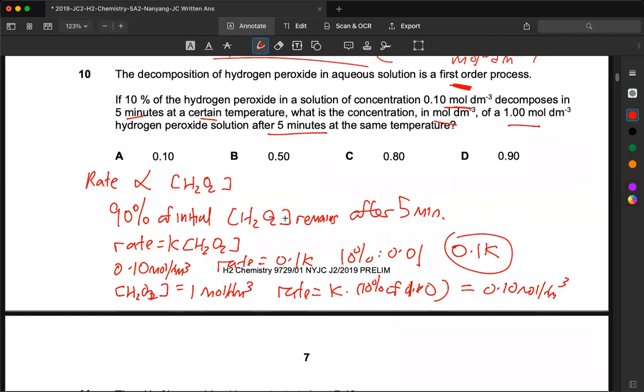So when the amount to be used is increased by 10 times, and the rate also increases by 10 times, the increase cancels out and the time taken will still remain at 5 minutes. So for this case, it doesn't matter. As long as it's first order, at the same temperature, the concentration will still fall by another 10%. So it should be D.